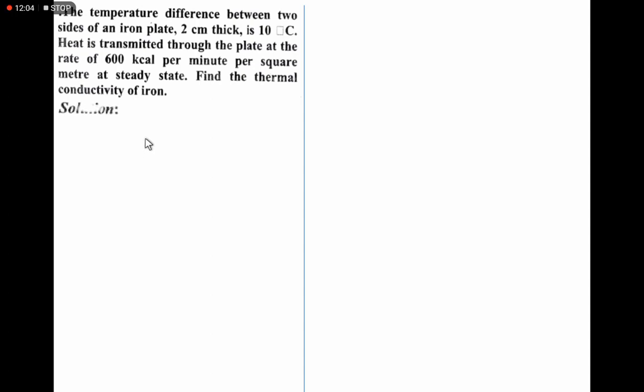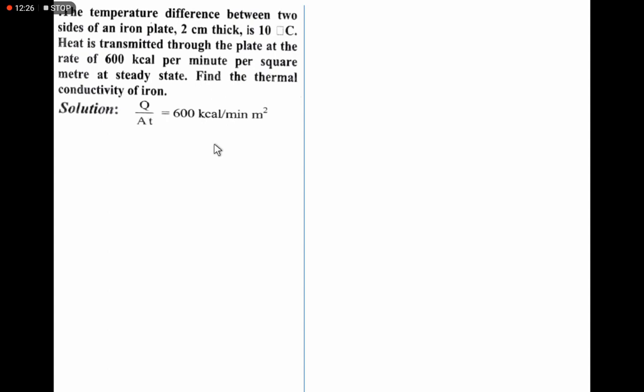So here we have to use this topic to solve the problem. Q by A t: Q is the amount of heat supplied, A is the area of the body, and t is the time for which the heat is supplied. This ratio is given. It is 600 kilocalories per minute meter square.